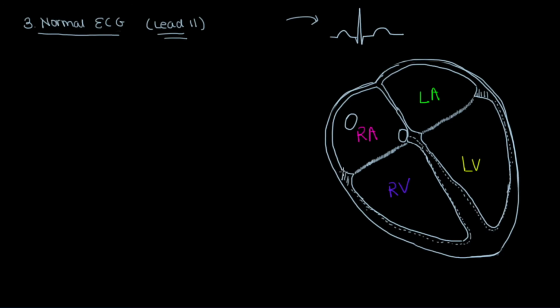And here as well, I've drawn in the borders of the valves that separate the left atrium from the left ventricle, as well as the right atrium from the right ventricle. And the reason I drew those in is because they are actually electrical insulators. So whenever an electrical signal or charge depolarization happens, and if it hits one of these borders, it'll stop there.